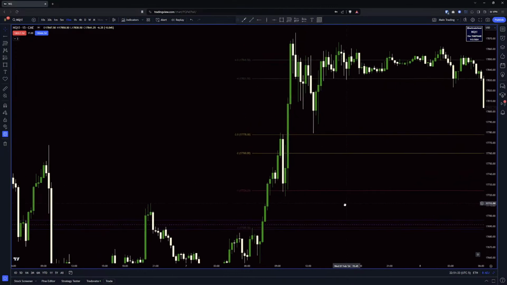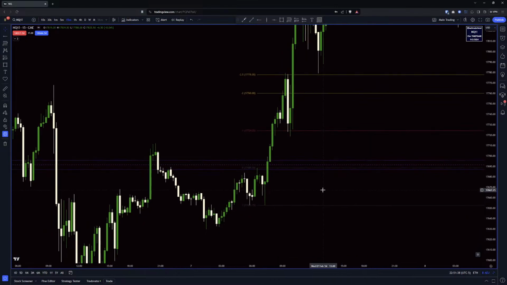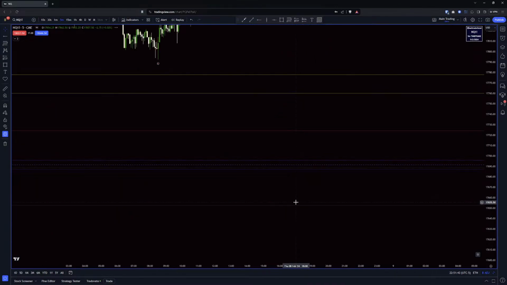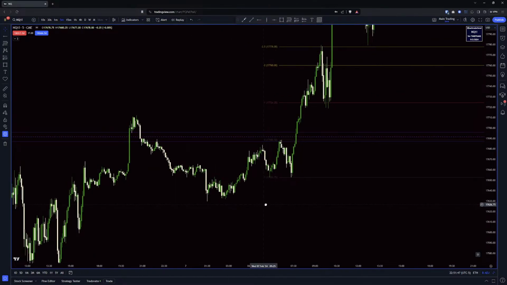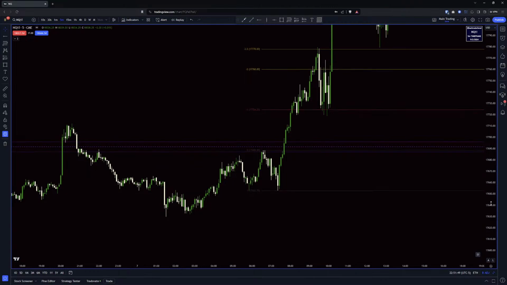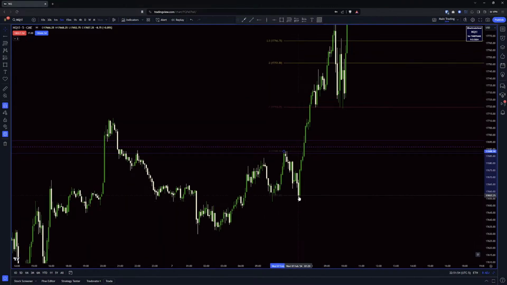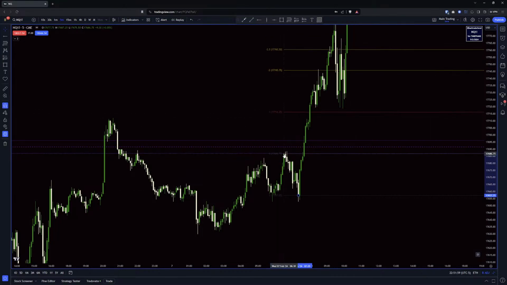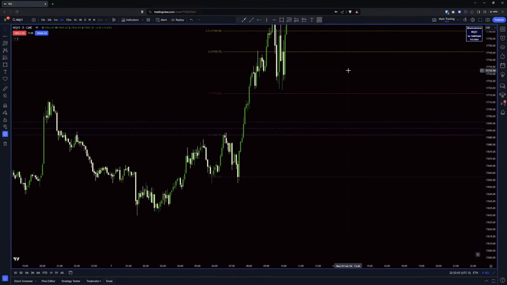What if we did wicks? Oh, that's pretty good. What I wonder here, is this something that I should be measuring on the 5-minute? With the way that the swings worked out? Now if we did that, that is what our... Yeah, that doesn't really make much sense.